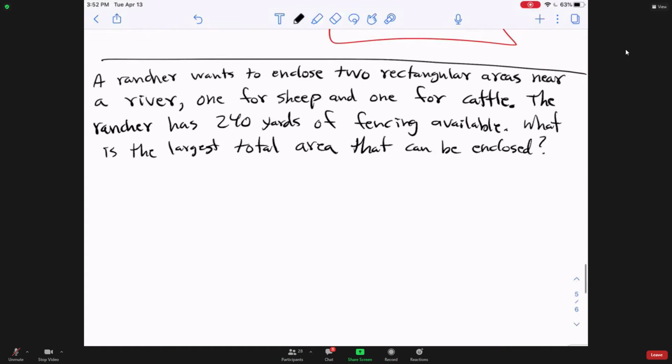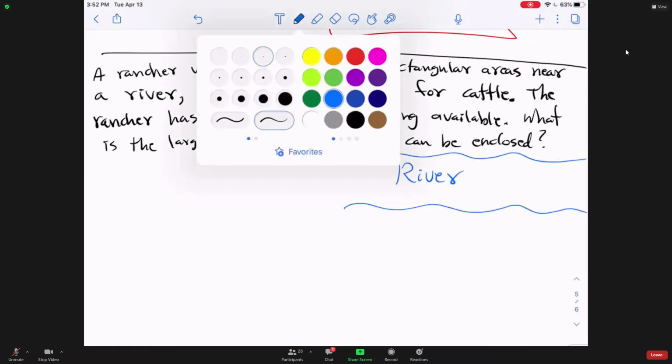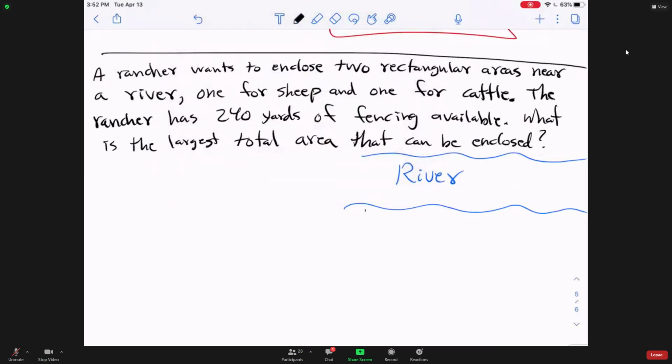And the picture is provided for you, so I'll draw the picture. Okay, the author of this particular book is under the assumption that the cattle and the sheep are not going to go into the river.